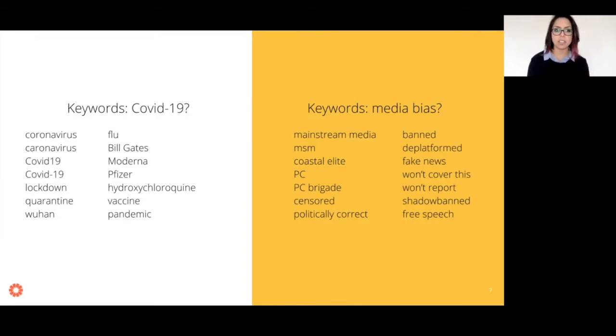And then also words that refer to how people talk about these things online that might be different to how journalists or health communicators talk about an issue online, right? So for example, you have the words lockdown or quarantine or Wuhan, because that's where this whole thing started, or the flu, because people use that as a way to talk about coronavirus and compare it.